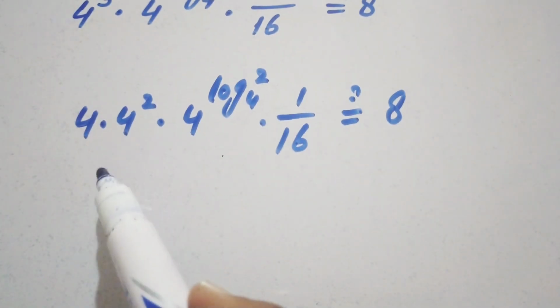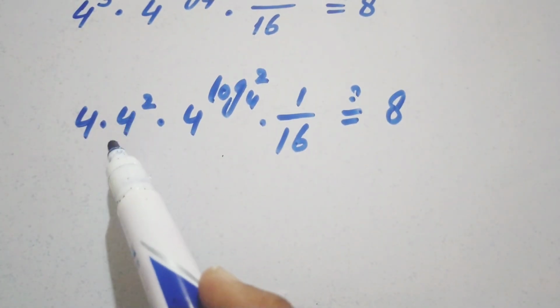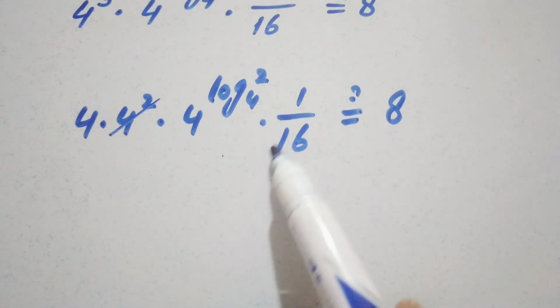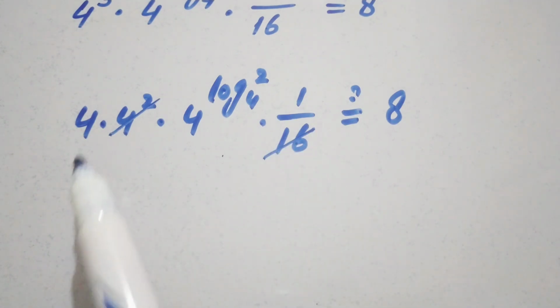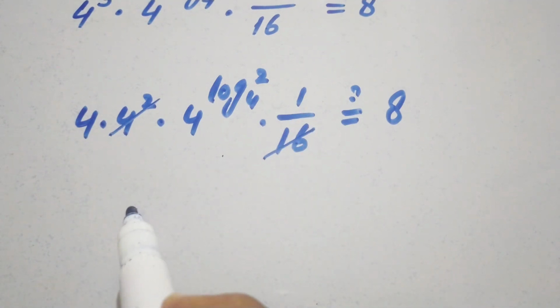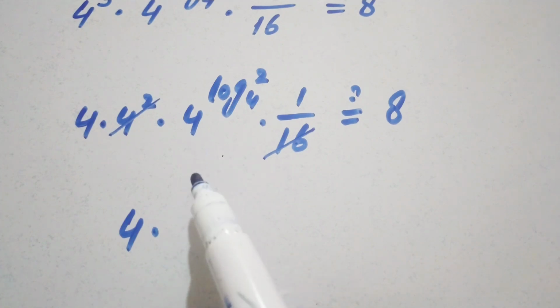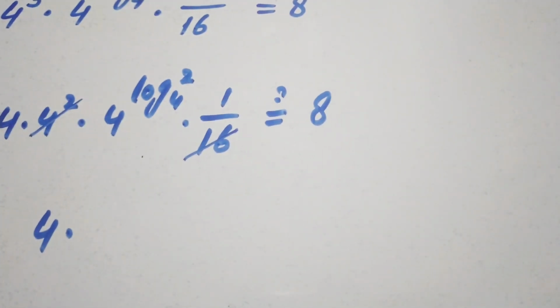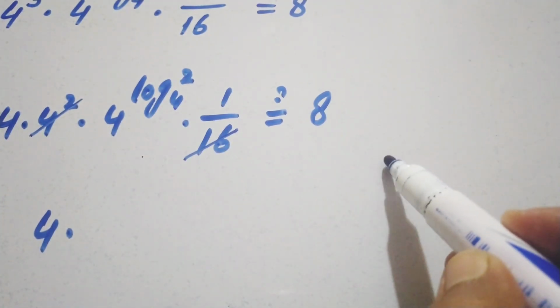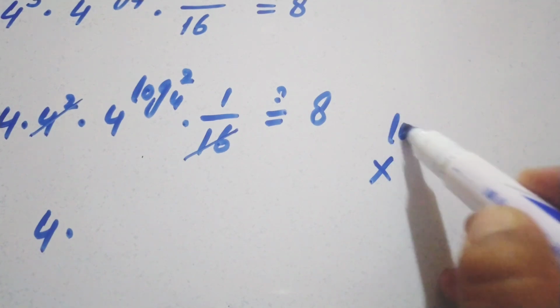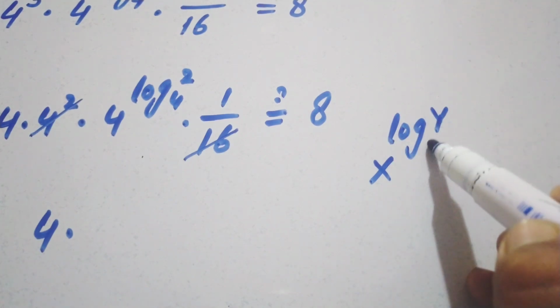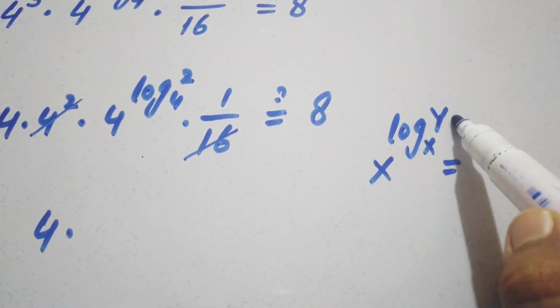Now 4 squared is 4 multiplied by 4, which is 16. 16 from numerator and 16 from denominator cancel out. 4 multiplied by 1, which is 4. And using a logarithmic property, if we have x to the power log of y to the base x, this is equal to y.